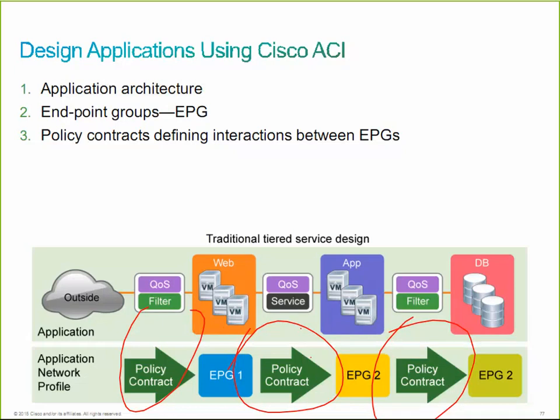Because we're applying the policies based on this relationship within the fabric, the IP addressing changes to the endpoints themselves don't actually change the policy, because we're not applying the policies directly to the endpoints.